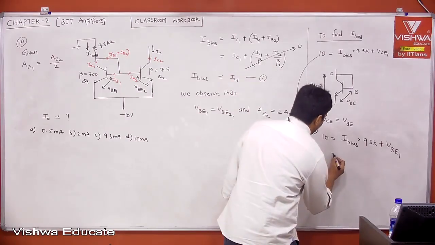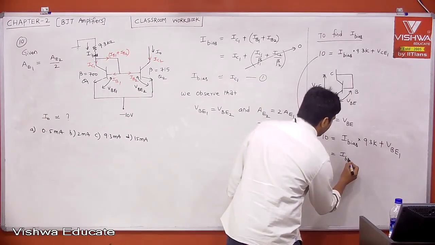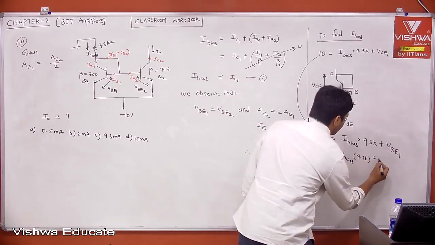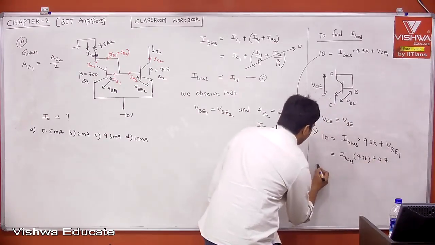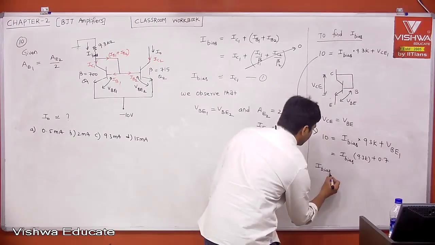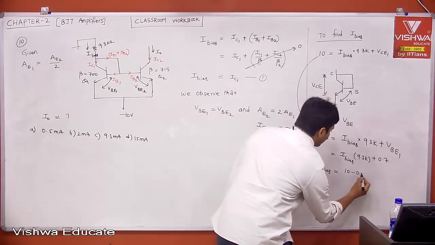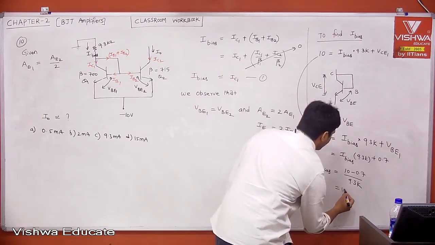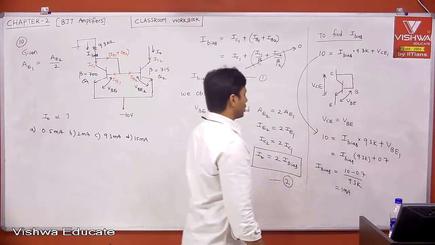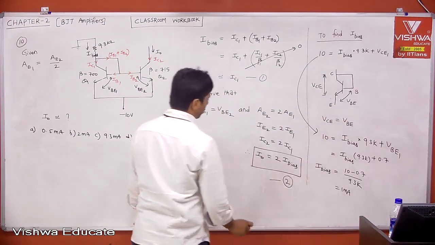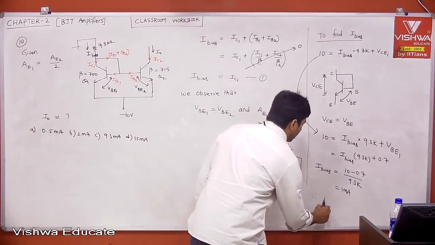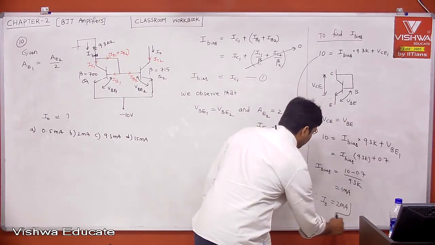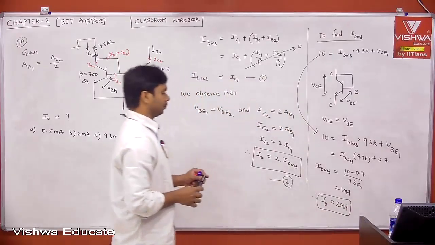Therefore, 10 is I bias times 9.3K plus 0.7. Therefore, I bias is equal to (10 minus 0.7) divided by 9.3K, which is 1 milliampere. That is I bias. But what is I0? Therefore, I0 is equal to 2 times I bias, which is 2 milliampere. This is the answer.